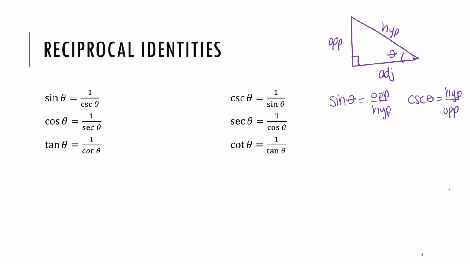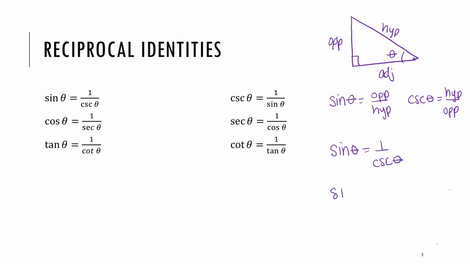So just to show the first one, and then you can do it for all the other ones if you want to see them, sine theta is equal to 1 over cosecant theta.